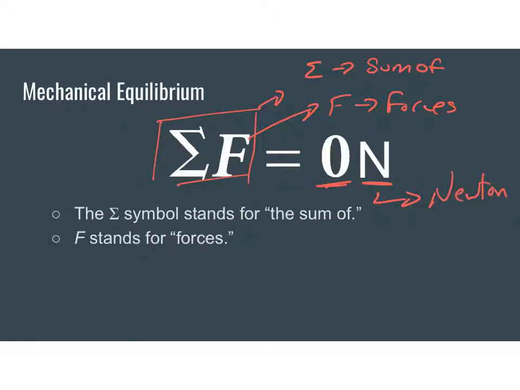So what this expression is saying is that mechanical equilibrium occurs when the sum of all the forces is 0 newtons. When we add up all the forces acting on an object, if it's 0, the system's in equilibrium, and if the system's in equilibrium, there's going to be no change in its state of motion. We're going to use that sum sign a good bit this year as well, so let's keep that in the back of our heads.